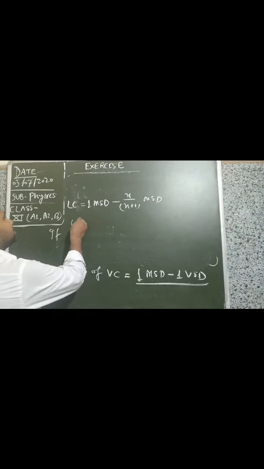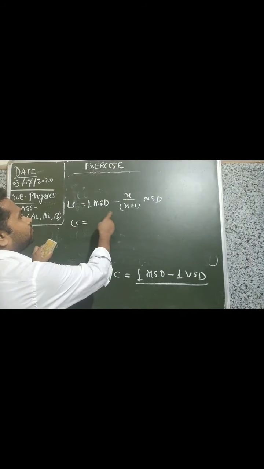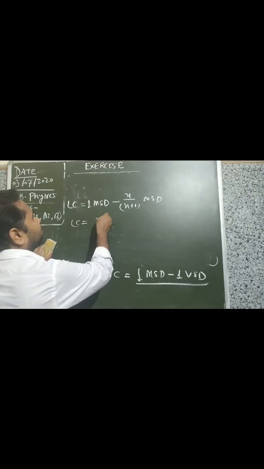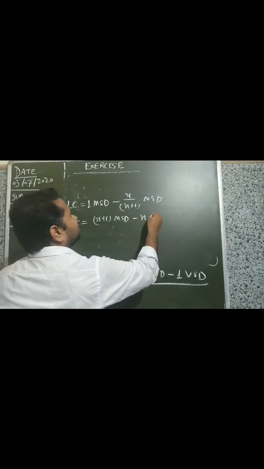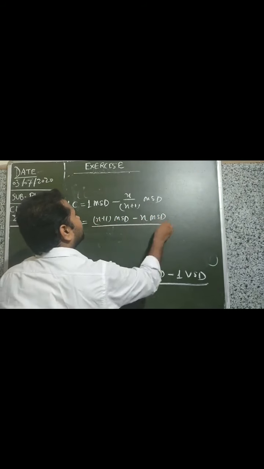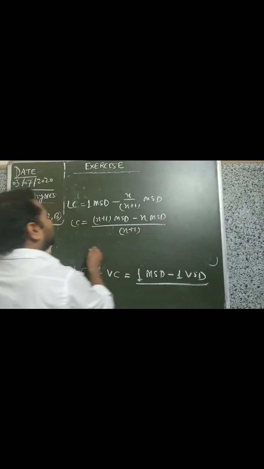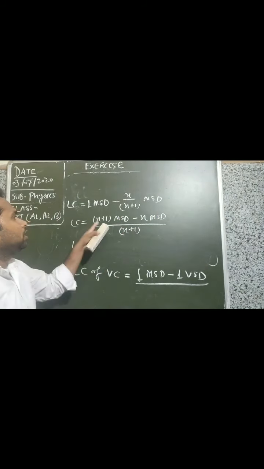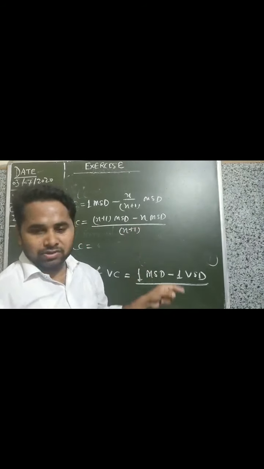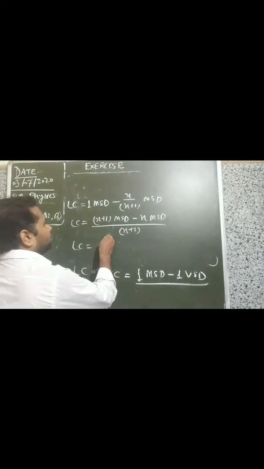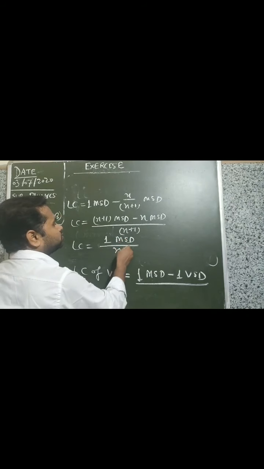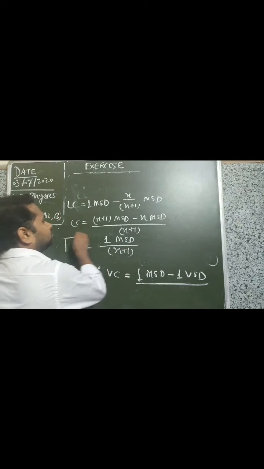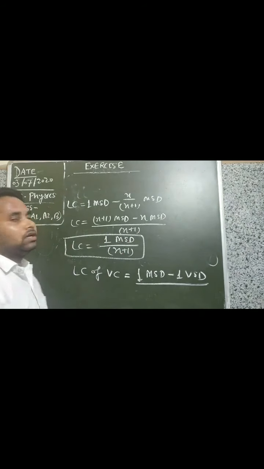So least count equals, by solving this relation, n plus 1 MSD minus n MSD divided by n plus 1. Here n plus 1 MSD minus n MSD equals 1 MSD only. So least count equals 1 MSD, main scale division, upon n plus 1. This is the least count formula for the Vernier scale.